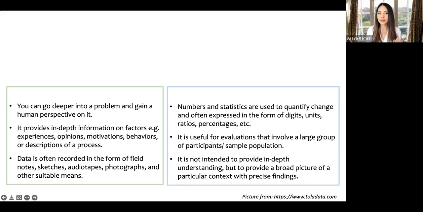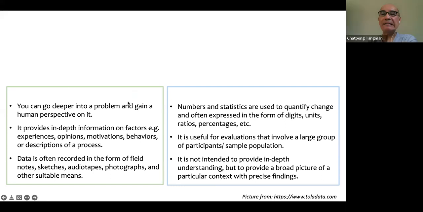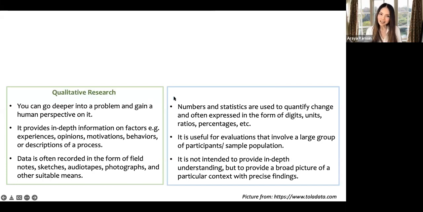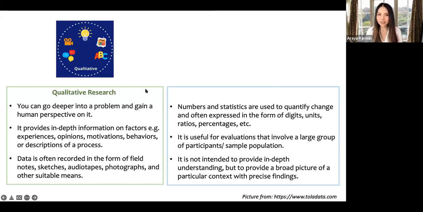Data in this research method is often recorded in the form of field notes, sketches, audio tapes, photographs, and other suitable means. So what research are we talking about here? Is it qualitative or quantitative, the first one? Qualitative. Everyone agrees? Yes, of course, I'm talking about qualitative research.